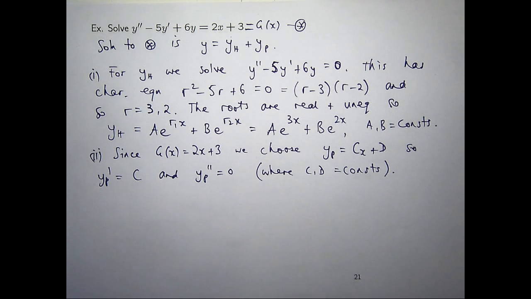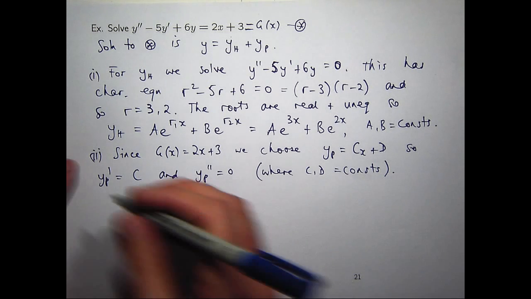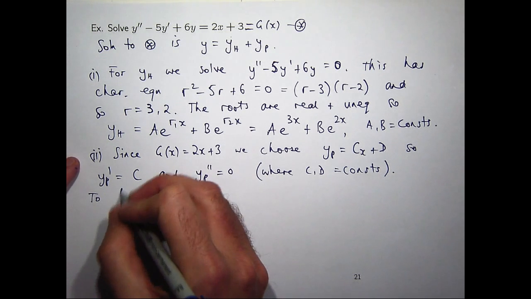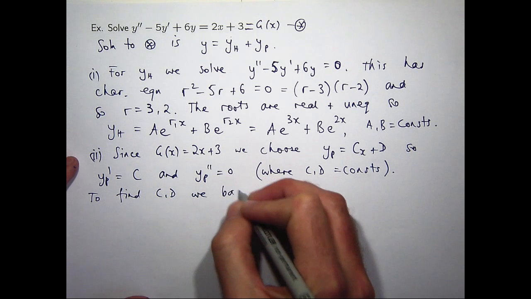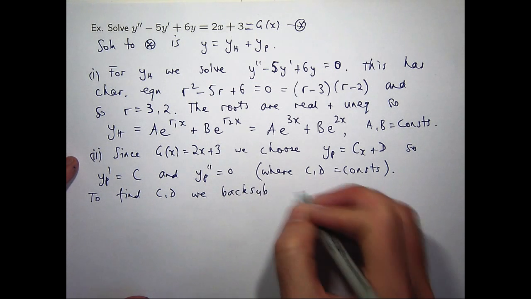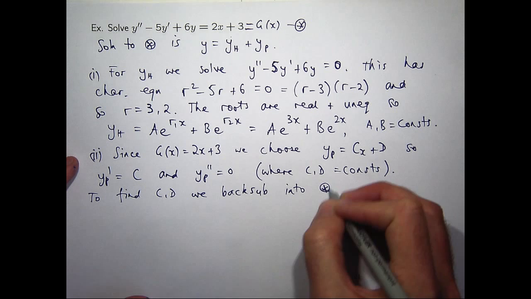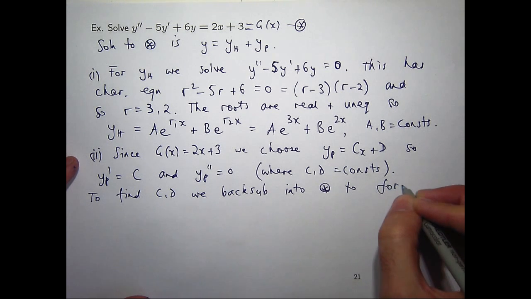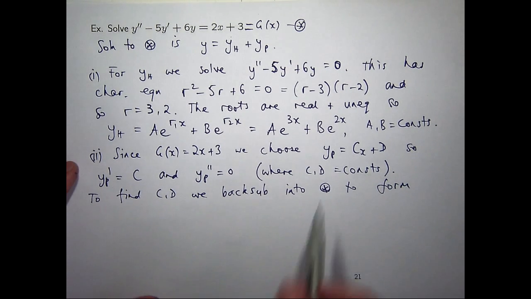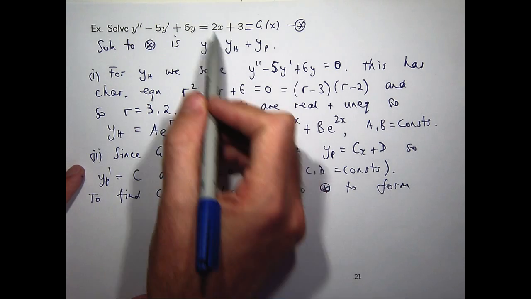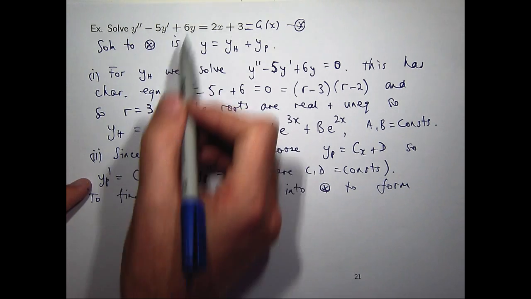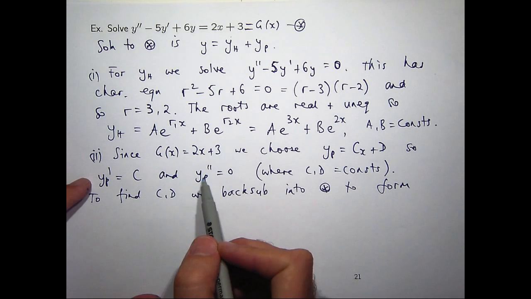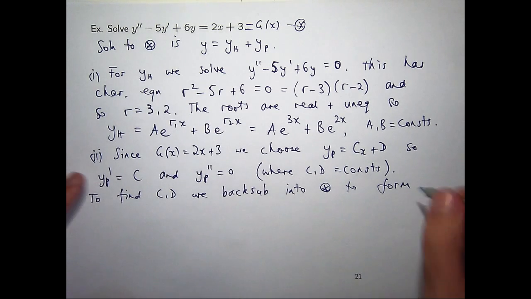Okay, so let's back substitute into the starred equation. We're going to form the following. So wherever we see y, we're going to replace it with cx plus d. Wherever we see y dash, we're going to replace it with c. And wherever we see y double dash, we're going to replace it with 0.